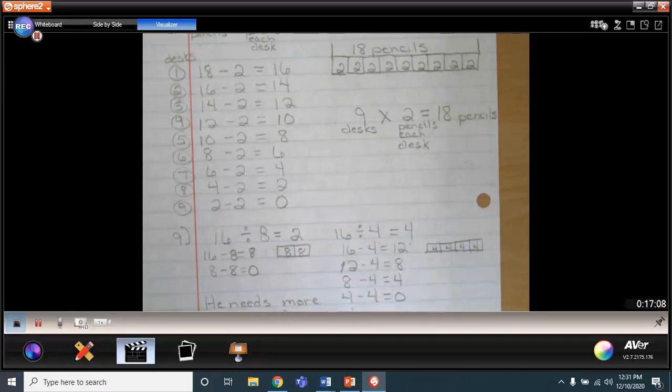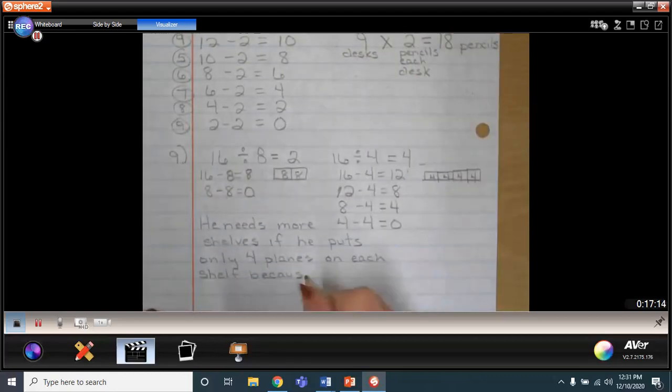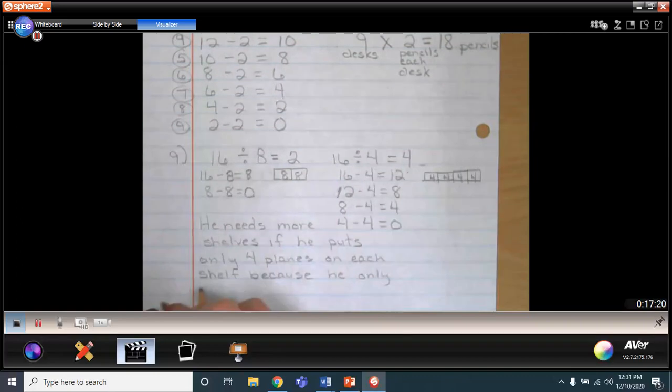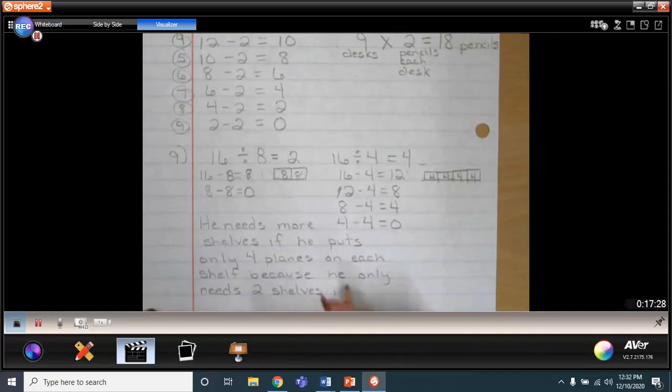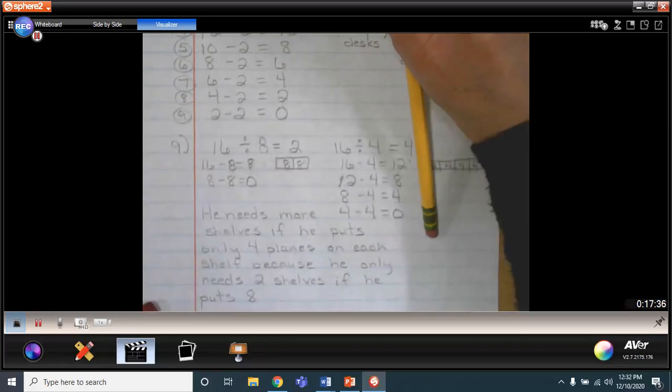Because, and I'm just going to move my paper up a little bit, he only needs 2 shelves if he puts 8 planes.